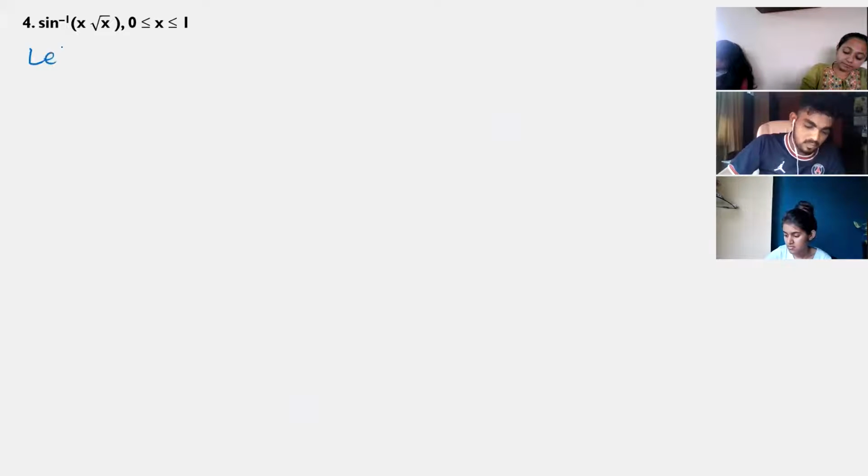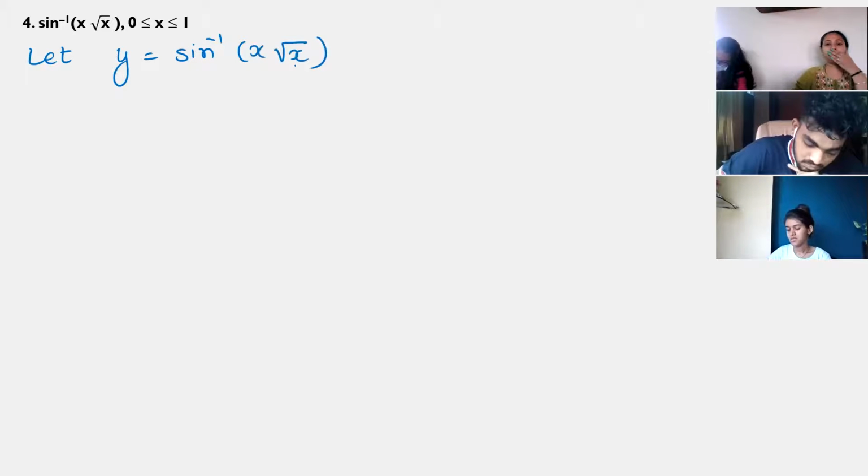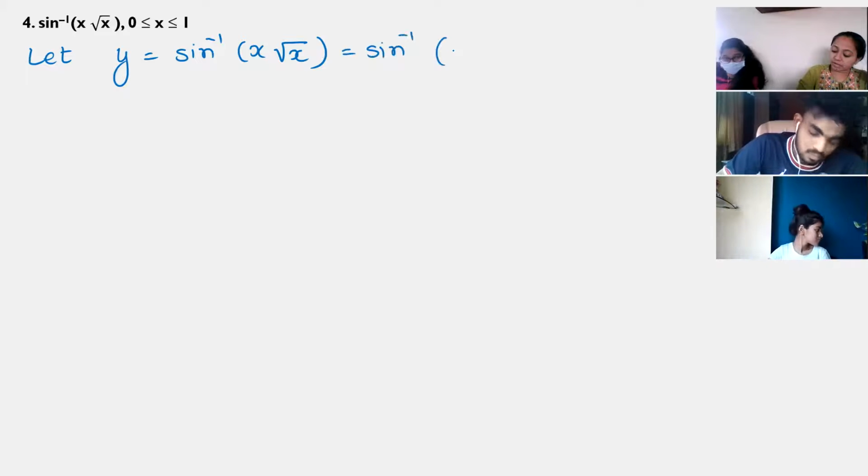Let y is equal to sine inverse of x root x. X root x means it is like a power of x only. Sine inverse of x to the power 1 and root means x to the power half.